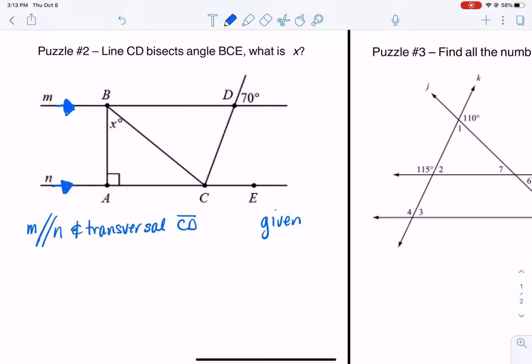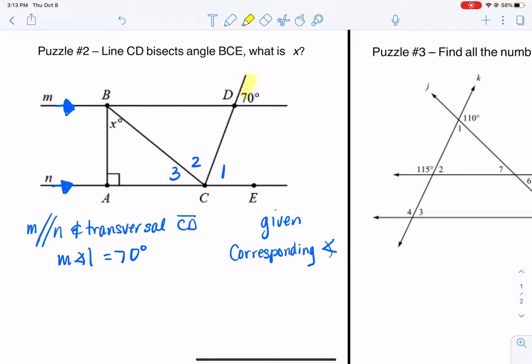So then because it's a transversal, I can say that the measure of angle, and I have to go back and do this. This is 1, 2, and 3. And I can say the measure of angle 1 equals 70 degrees because of corresponding angles. And I'm going to use the symbol for angle.